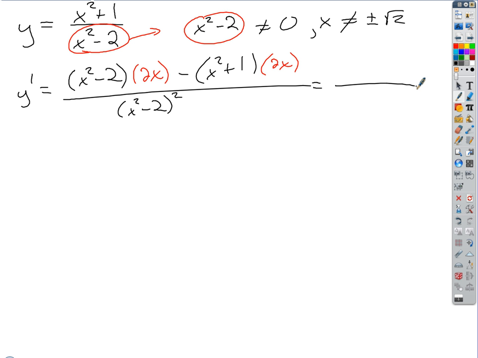So those are going to cancel. Negative 6x. Whoa. I got you. Okay, because here's what we really get: 2x cubed minus 4x minus 2x cubed minus 2x. Okay?